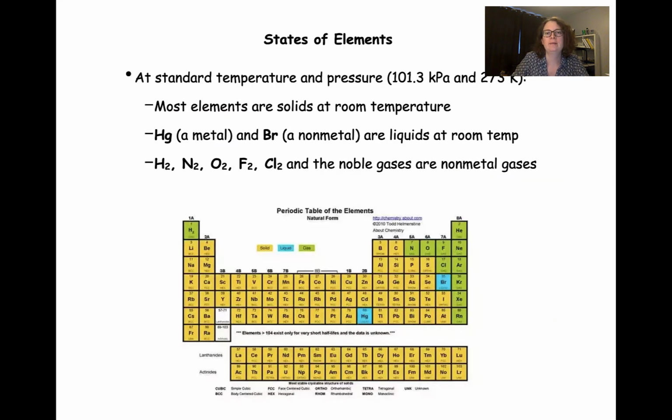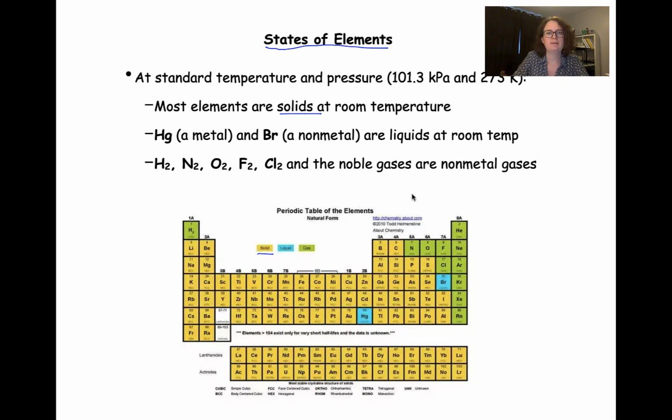We can also think about the states of the elements, right? Solid, liquid, or gas as a way to characterize them. At standard temperature and pressure, which is our normal atmospheric pressure and about room temperature, most elements are solid. So if we look at this periodic table down here, the yellow is solid, and most of the periodic table is yellow.